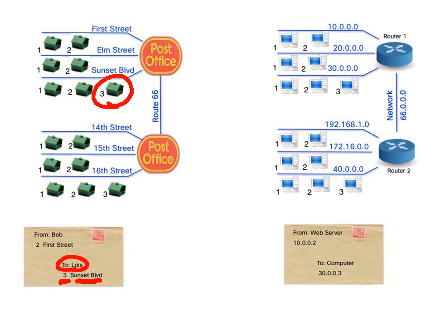Well, in computer networks, we also have something very similar to street names and house numbers. And these types of addresses are referred to as an IP address. So for example, this computer right here, if we were going to send it a packet, a message over the network, we could use a logical layer 3 address, which is very similar to a street name and house number, and it would look something like this.